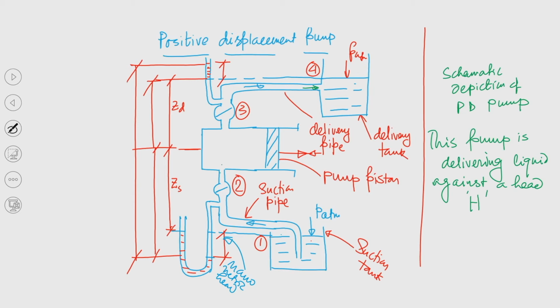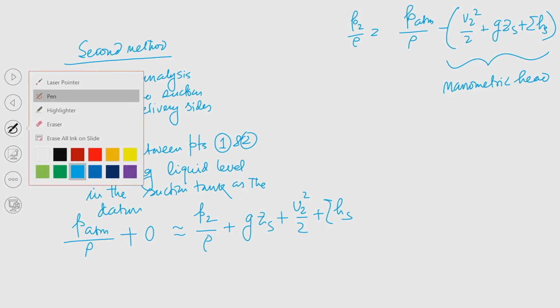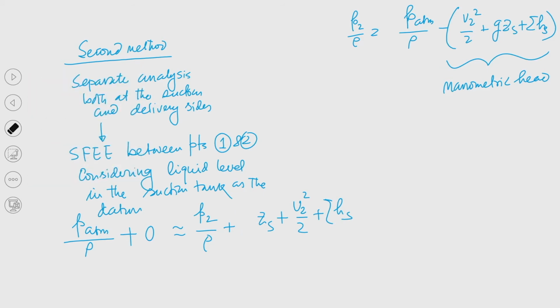I can write this expression in this form: P by rho g, V square by 2g, like this. In that case, if we write this as rho g 1 unit, a mistake is there, so let us do it like this. This is now very straightforward.